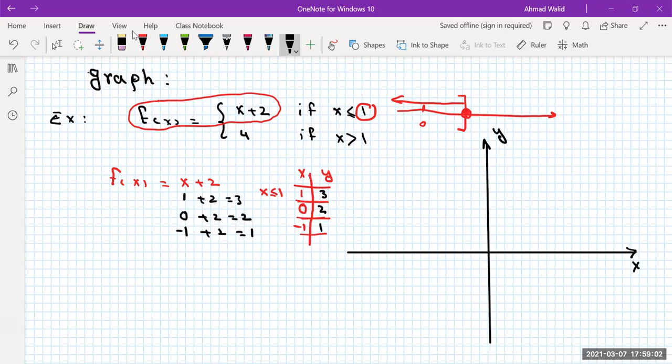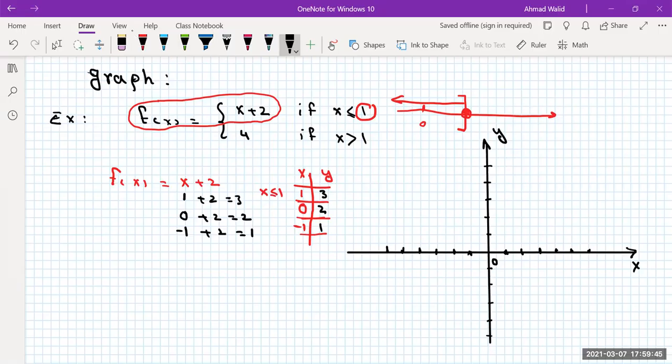X and Y, and here is 0. Now, let's find our points. I'll label the axes: 1, 2, 3, 4, 5, 6, and negative 1, negative 2, negative 3, negative 4, negative 5, negative 6, and the same on the y-axis.